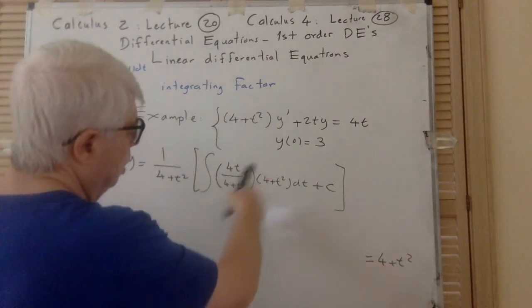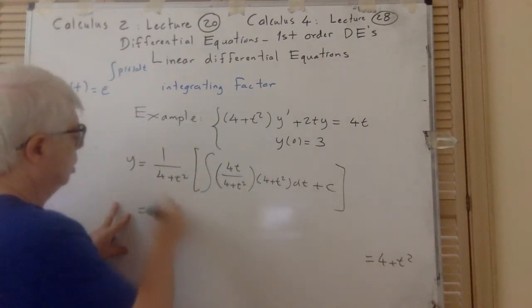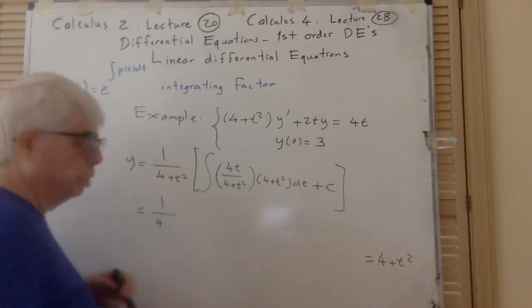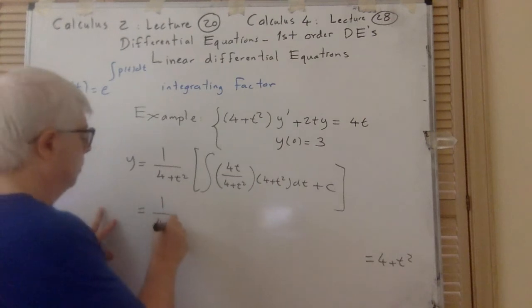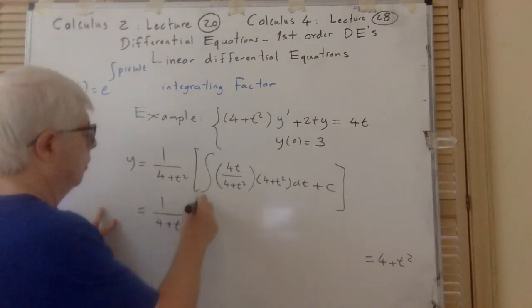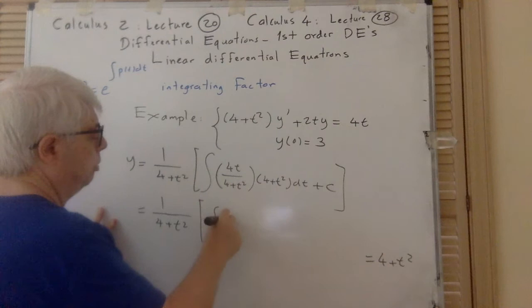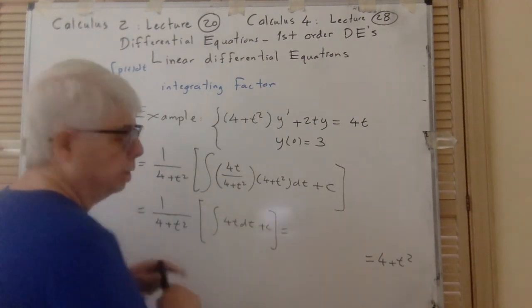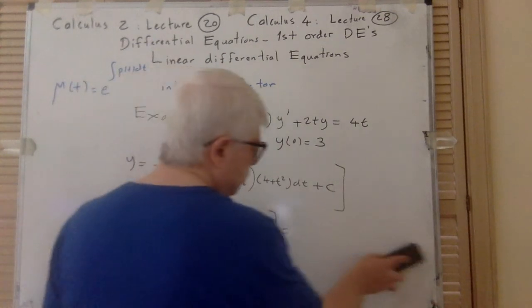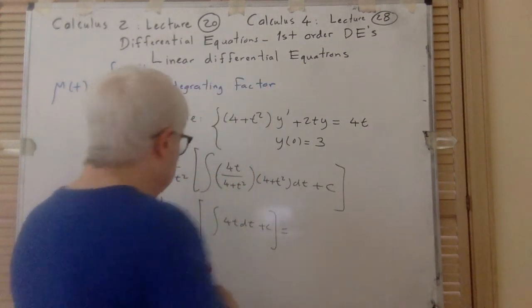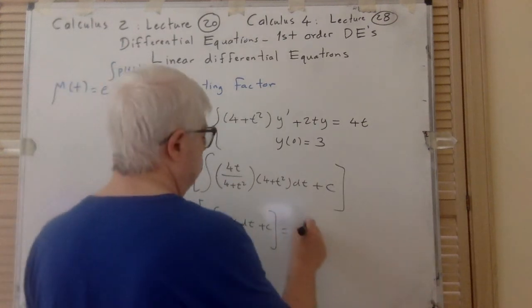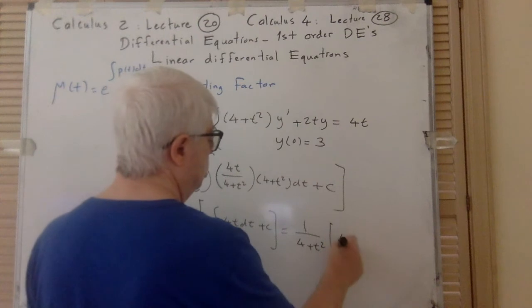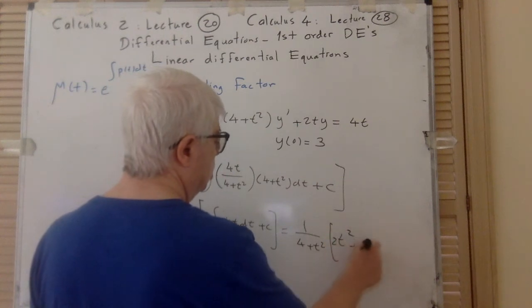This is much simpler. Here I have simply 4t dt plus a constant, and that is 1 over 4 plus t squared times 2t squared plus a constant.